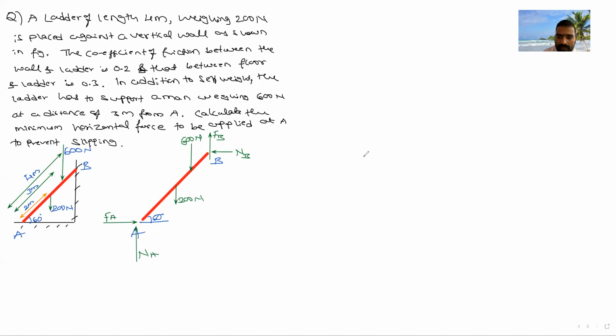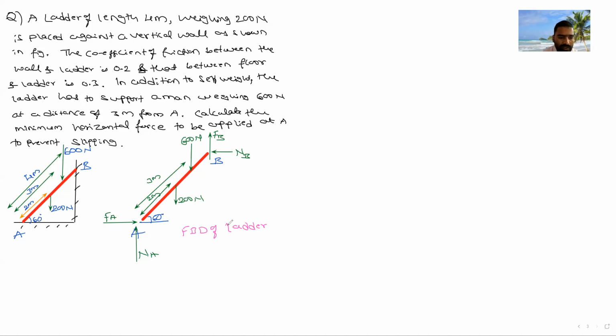This distance is 1 meter, here it is 2 meter, the remaining is 2 meter, and this is 3 meter. The angle of 60 degrees is known. This is the FBD of the ladder.